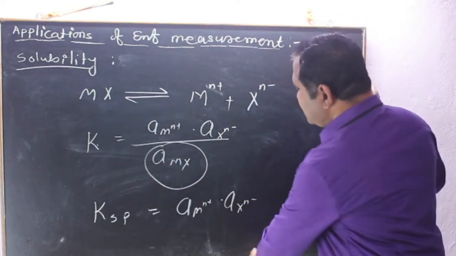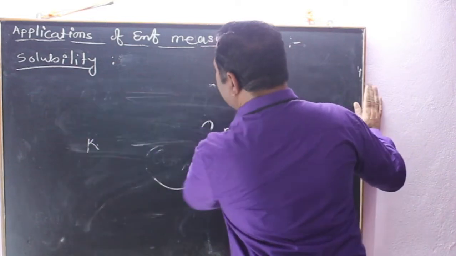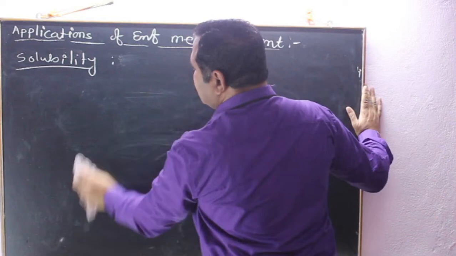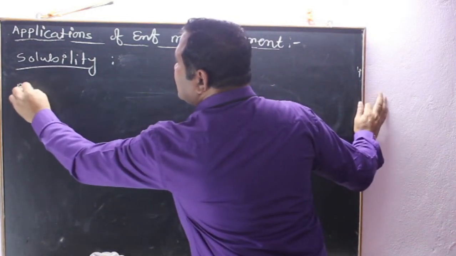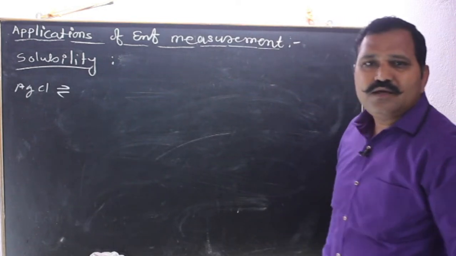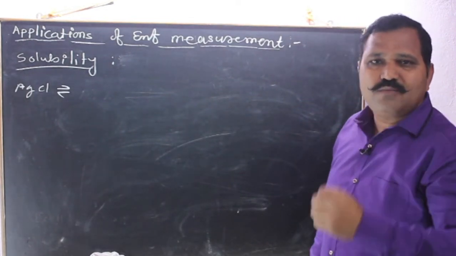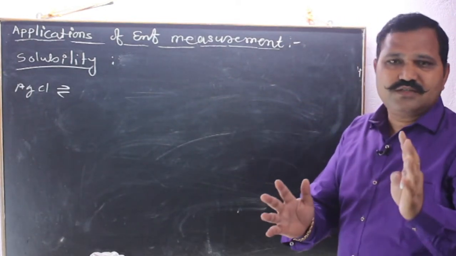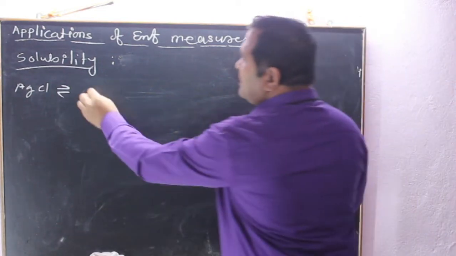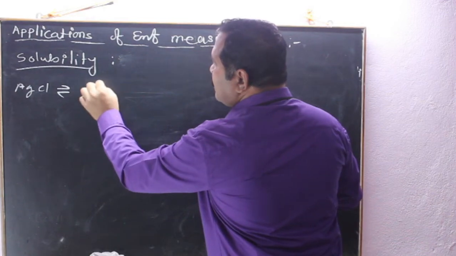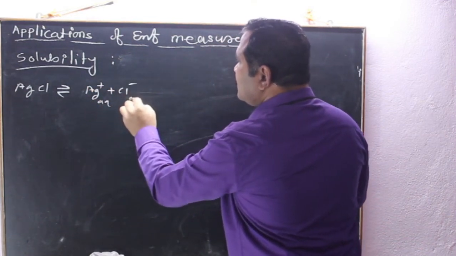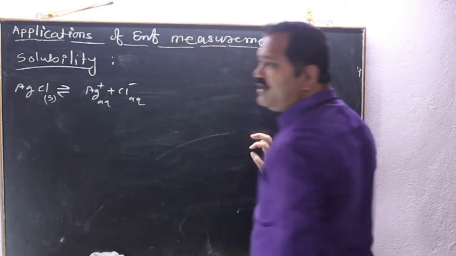Now, if we consider a simple example, say AgCl, what happens? Suppose we consider AgCl. It is a sparingly soluble salt, dissolves in very small amount. Whatever may be the AgCl dissolved, it undergoes ionization, Ag plus, Cl minus, and this AgCl remains solid.